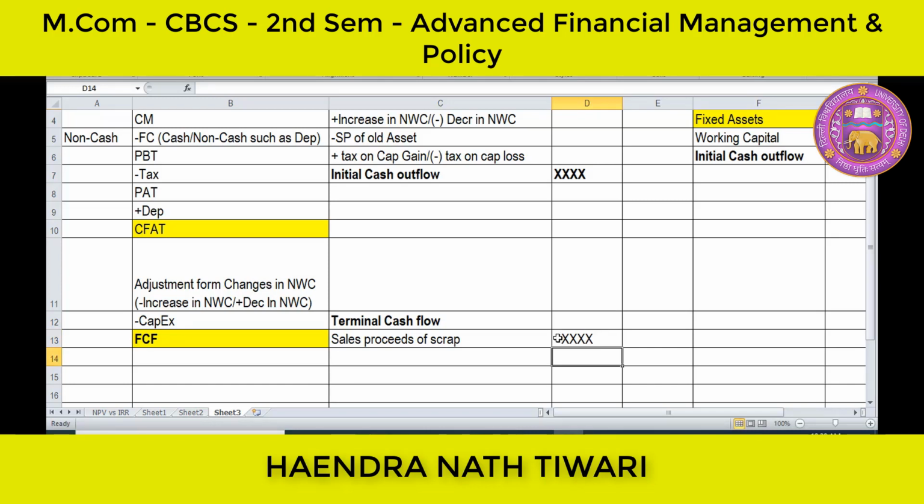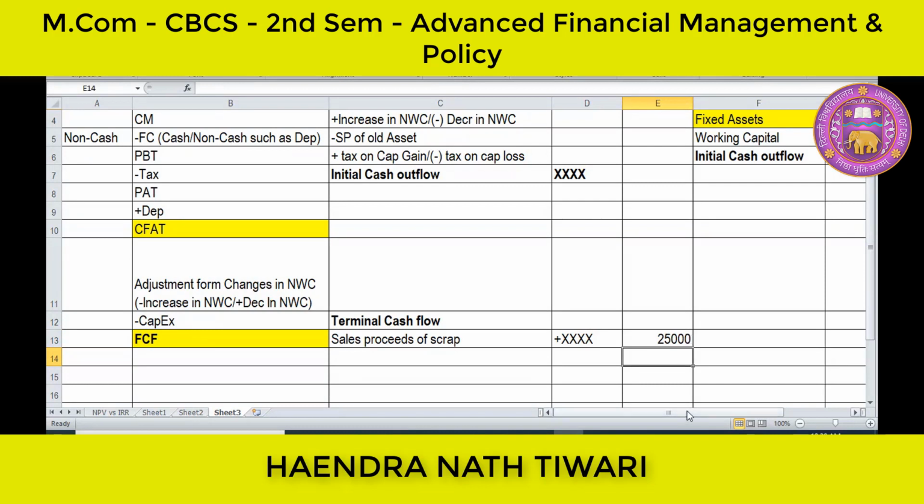Now, if you are selling the scrap, you may realize more or less cash than the book value. Same matter as before. That you have book value of 25,000 in the example that we took.